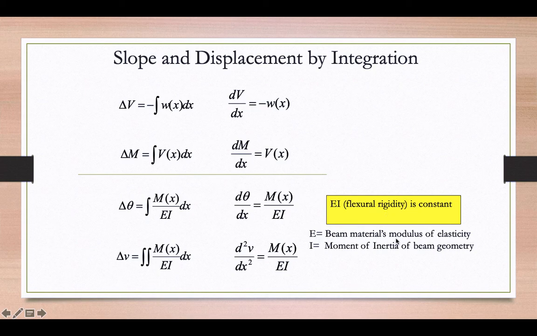E is the modulus of elasticity of the material, and I is the moment of inertia of the beam shape. After we find this equation for deformation slope, we can integrate it once more to get the deflection equation.